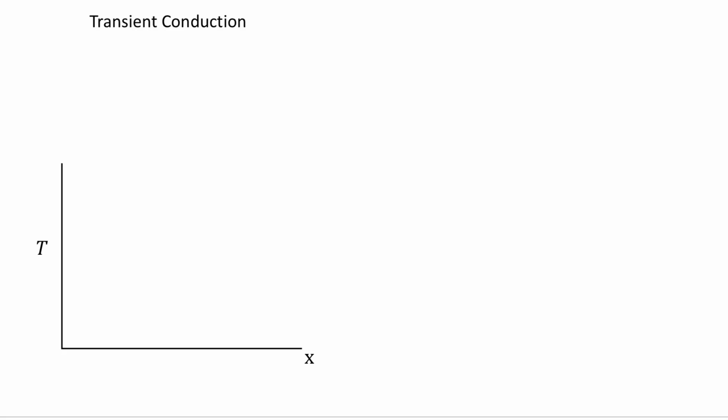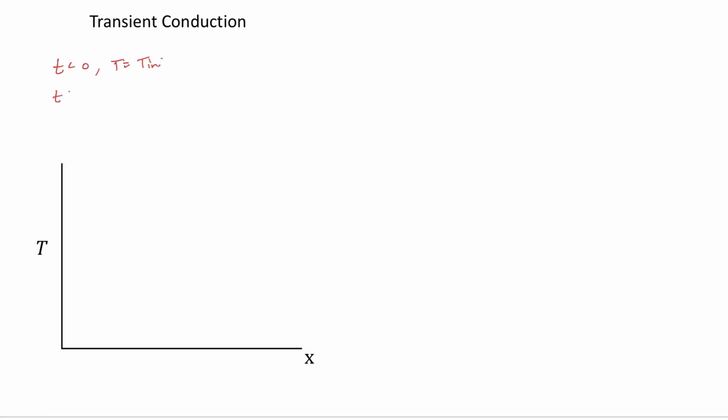So just to start off on this, let's come up with a conceptual model for how we think temperature changes as a function of time as it's conducting. So for this, let's take a sample problem. For time less than 0, our temperature is going to be at T initial.